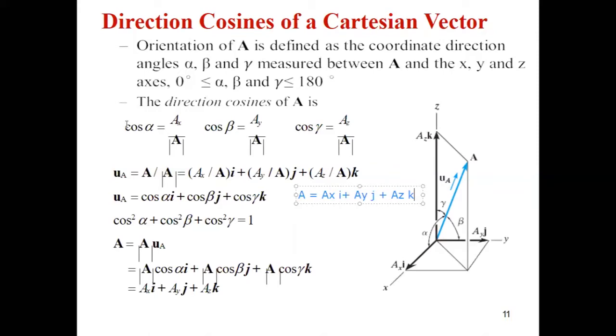Okay, so one property of these direction cosines is cos square alpha plus cos square beta plus cos square gamma equals 1. You can try, because the cos alpha value is this, cos beta value is this, cos gamma value is this. Okay, so since UA has magnitude 1, direction same, we can write A equals magnitude A into UA. Means it's like that, same ax i, ay j, az k. Okay.